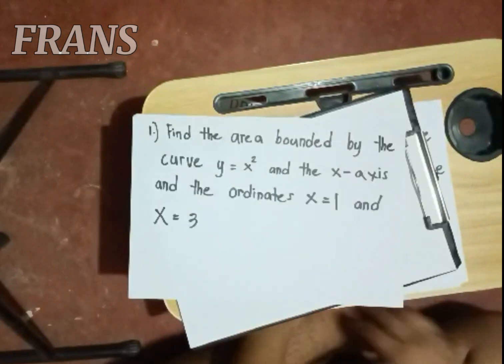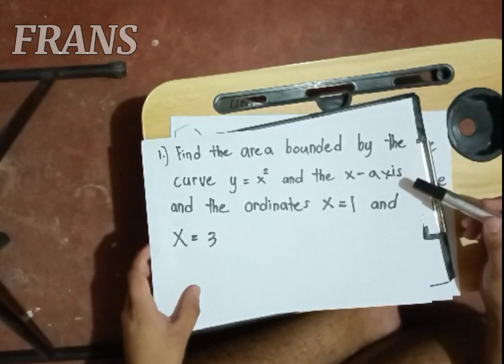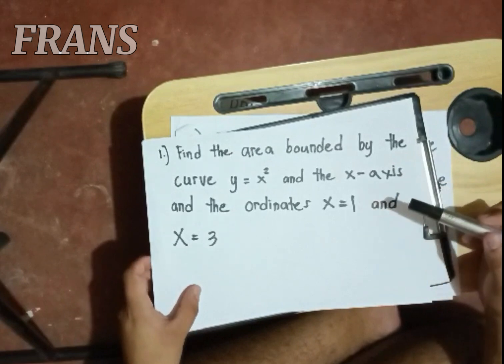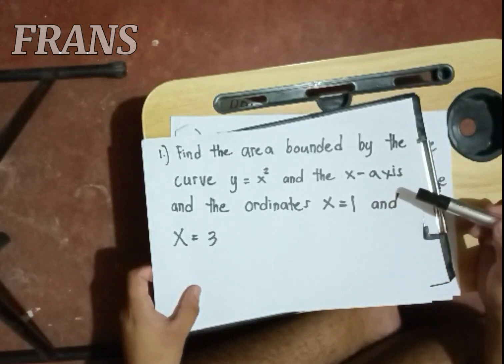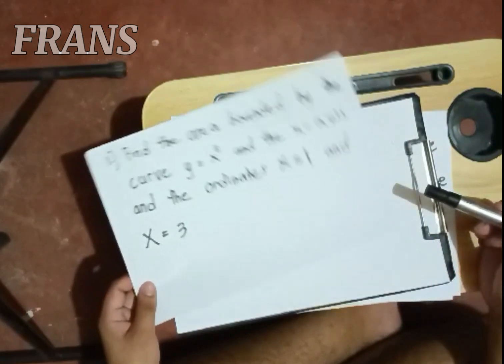First example: find the area bounded by the curve y equals x squared, the x-axis, and the ordinates x equals 1 and x equals 3.